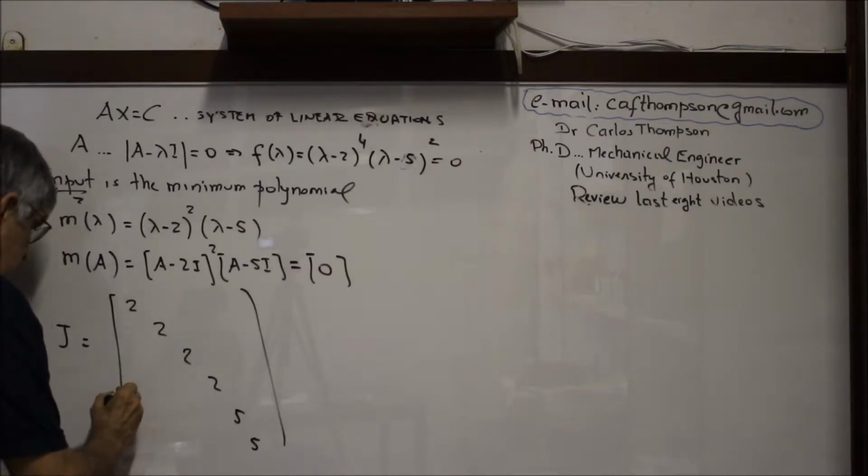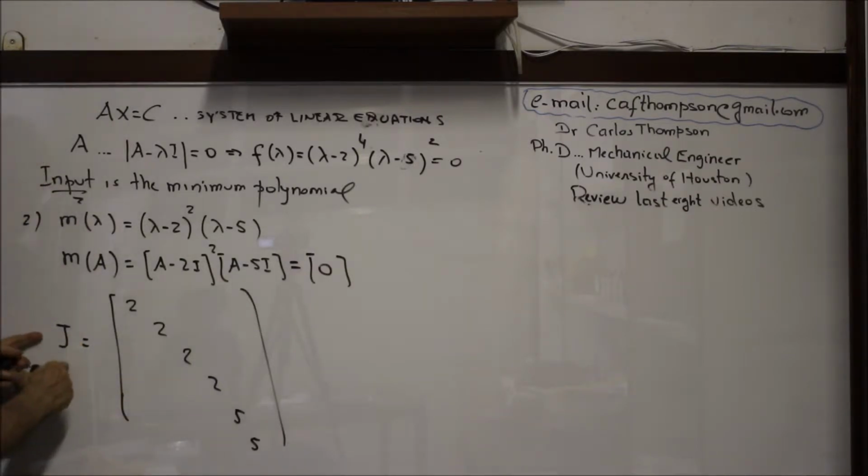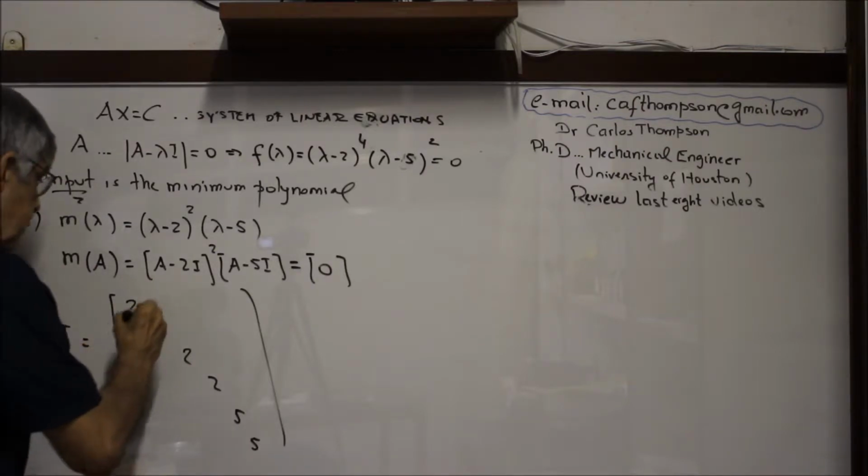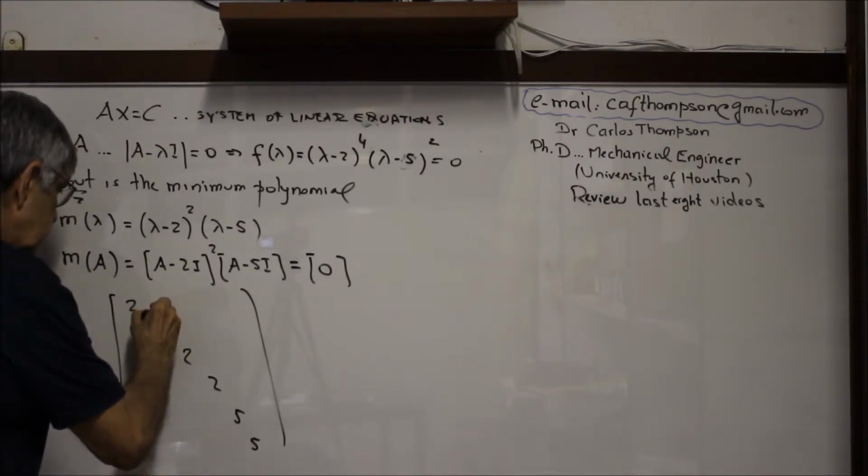Now, (J minus 2I) squared is 0. So I'm investigating if I put 1 over here.